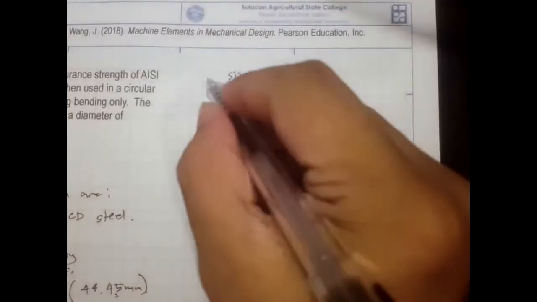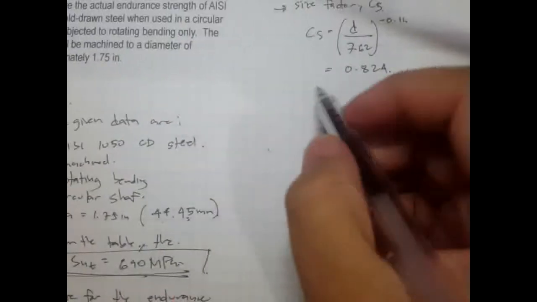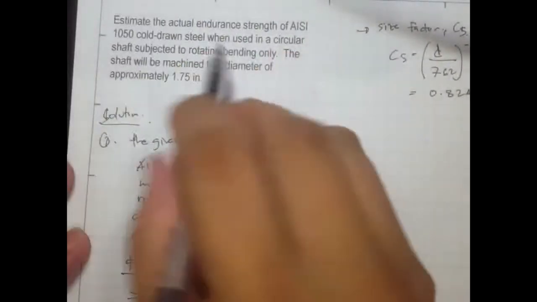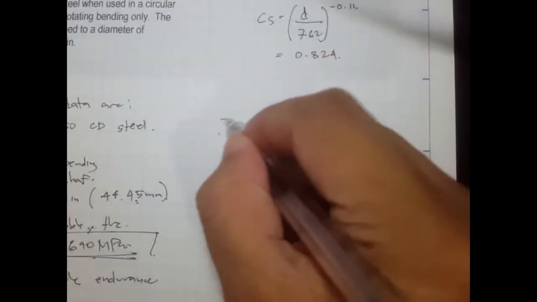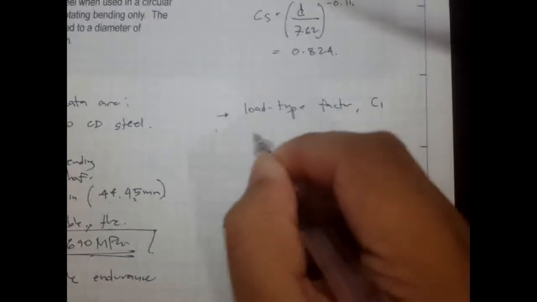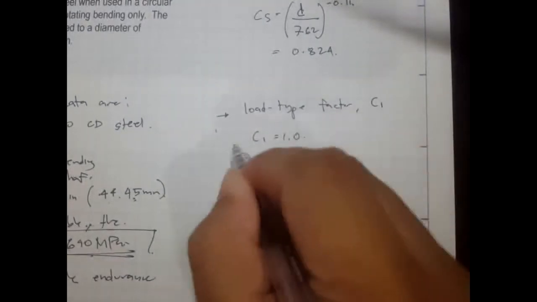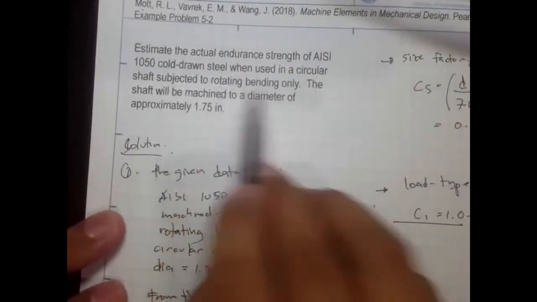The material factor, since this is steel, is just 1.0. The load type factor, C_L, is just 1.0, because this is rotating bending only.